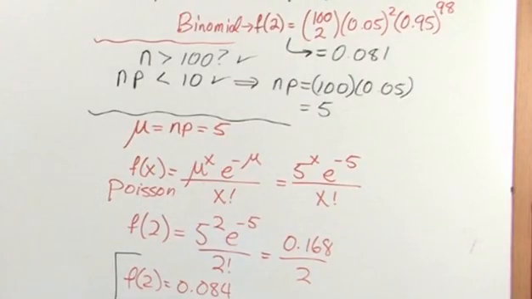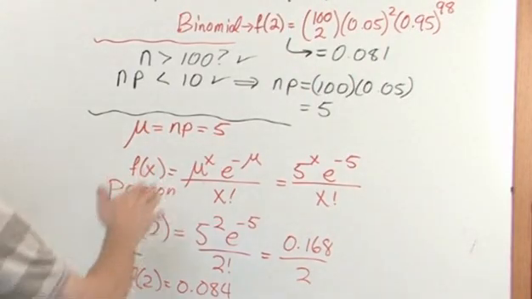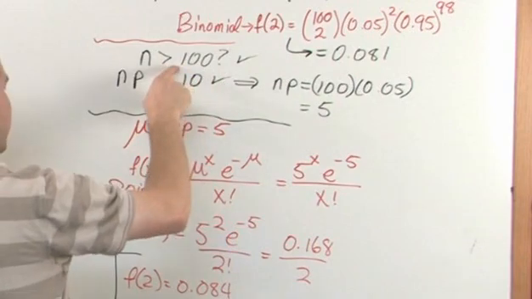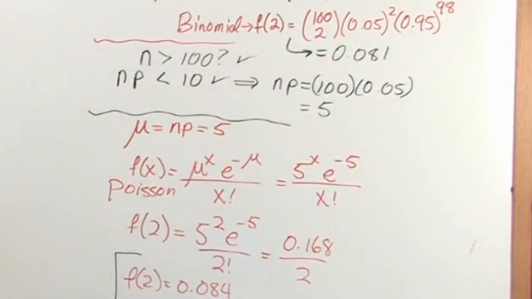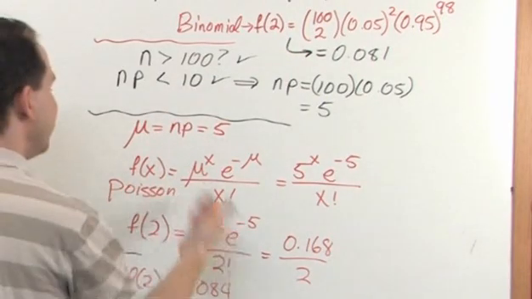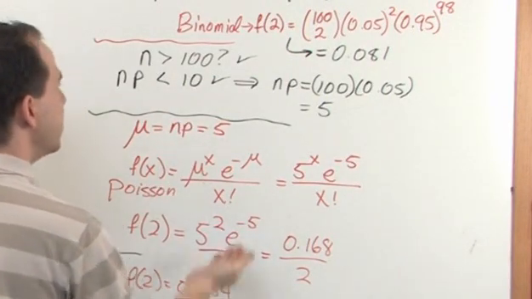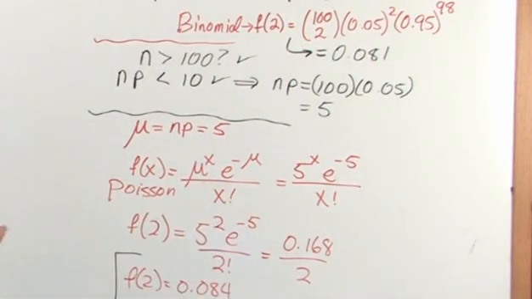So it's pretty darn close. Now it's only close because these two constraints are true. If the number of trials is, let's say, 10 trials, like some of the beginning examples we had back in the binomial thing, and we attempt to do this, the answer we're going to get down here is going to be significantly different, and so the approximation is going to break down. It's not going to help you. But if those two things are true, you're going to get a reasonable approximation out of it.